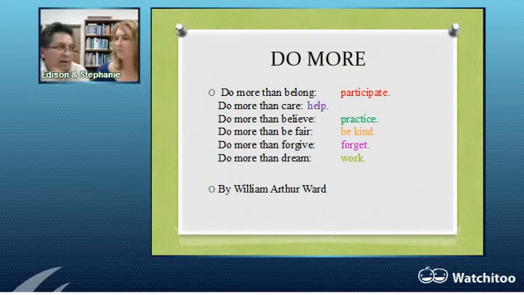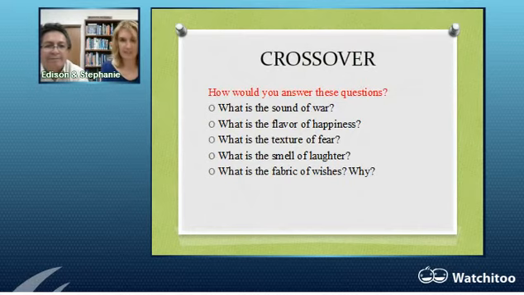So if I were blah, blah, blah, and then you give an example, and then they do their own poem using this form. Great, good idea. The next one, I really like because it's very creative in terms of connecting ideas, I think.